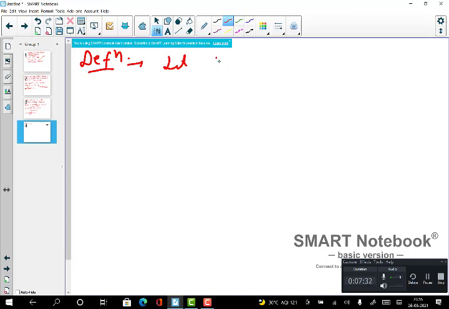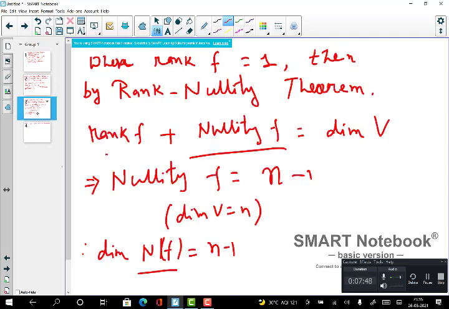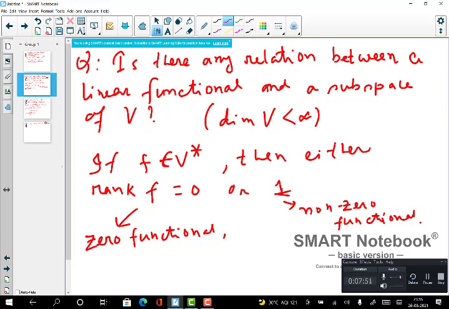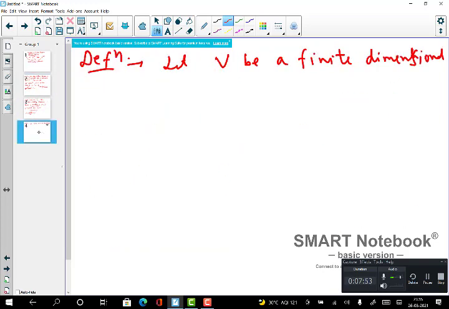Let V be a finite dimensional vector space over F, a field.